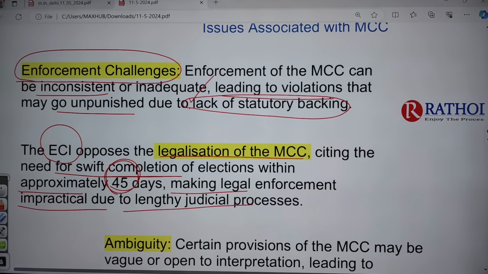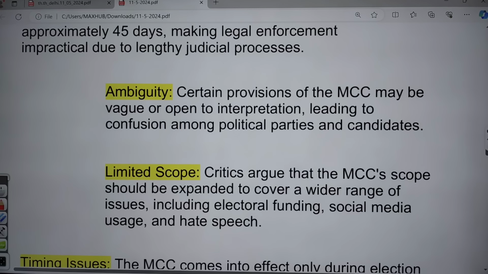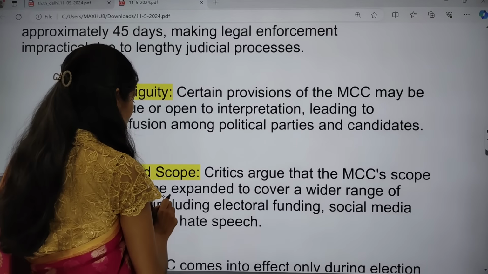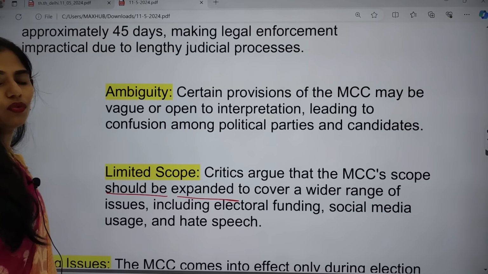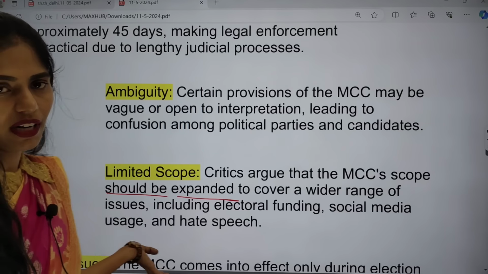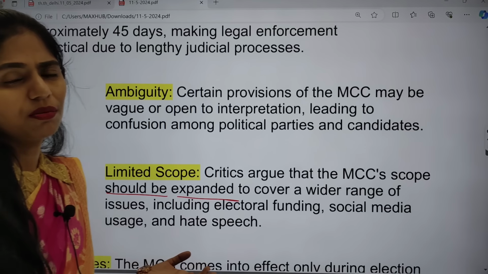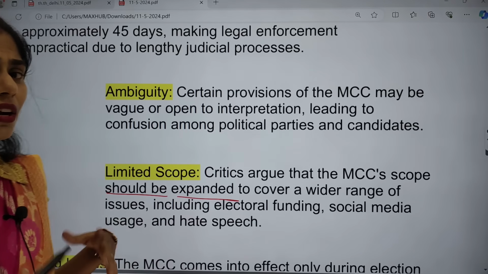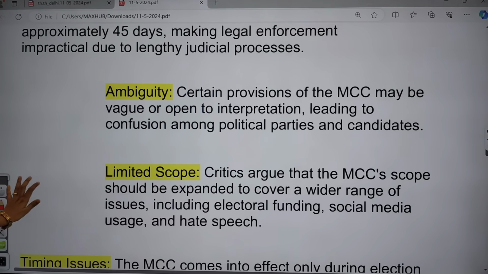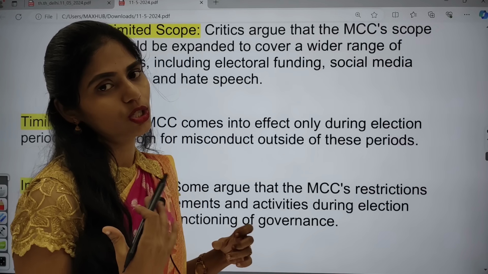Also, the scope of certain provisions in the model code of conduct should be expanded so that we can cover a wide range of issues, for example electoral funding, social media usage, hate speech, and even misinformation and disinformation spreading. We need a wider scope, but as of now we have a limited scope.